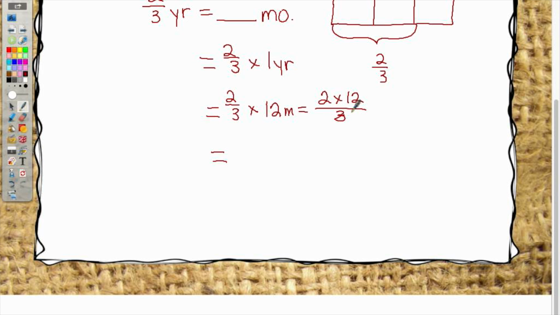Does 3 go into 12 evenly? Yes. How many times? 4. So technically that would go in your boxes, whatever number you get right here. Then to get the answer to 2/3, because that's just 1/3, multiply times 2. So how many months is 2/3 of a year? 8 months.